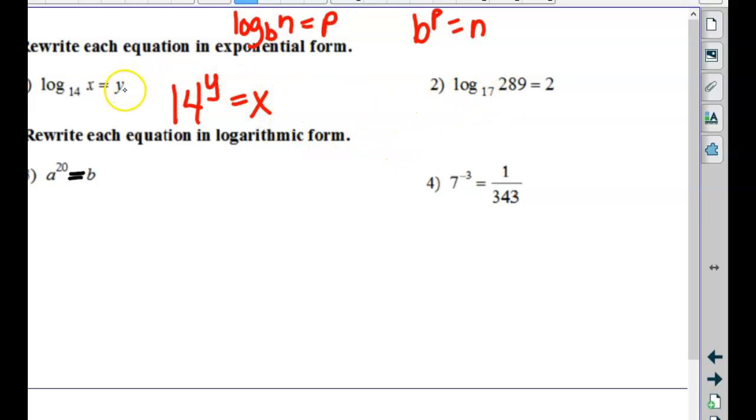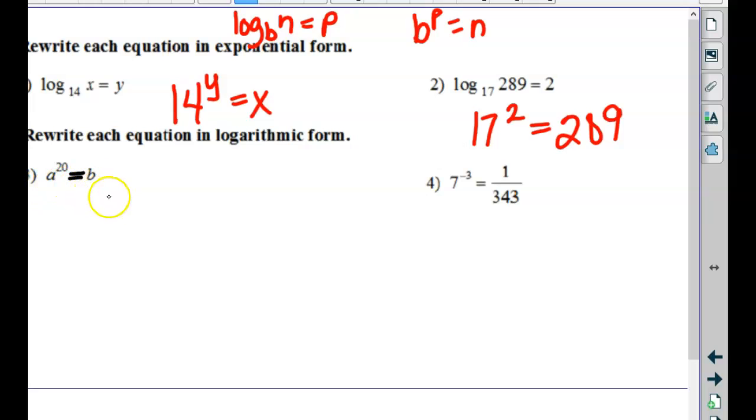The answer to a log is the power. So this one means what? 17 to the second equals 289. Let me tell you, I'm more likely to put number 1 on a quiz than number 2, because most of you can logic through how to write number 2, right? But number 1, you have to understand where things go.